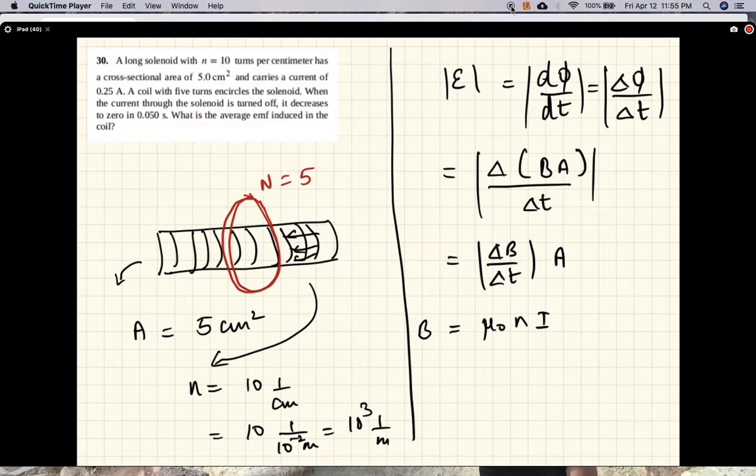The final B is 0, so B initial minus B final, with B final equal to 0, so delta B is mu naught N i. Okay, that's how much the field changes by over 0.05 seconds.